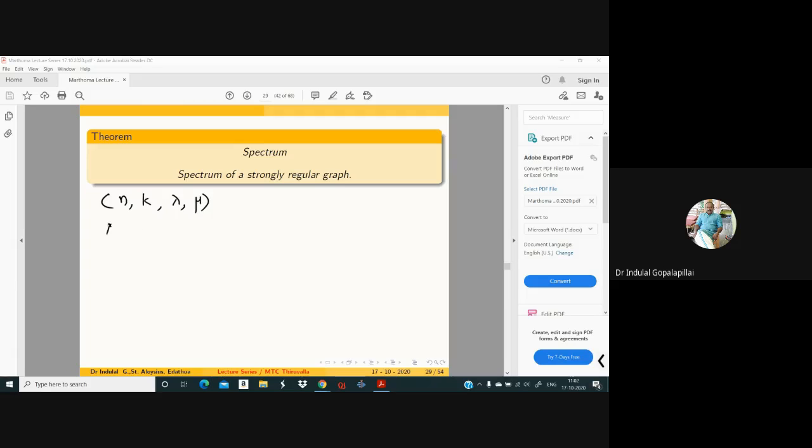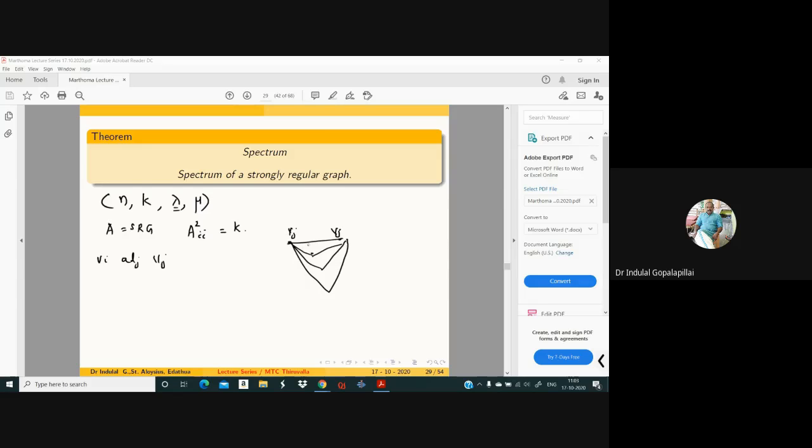Suppose A is the adjacency matrix of a strongly regular graph. We know that the ith diagonal entry of A square is the degree of the vertex Vi, and that is k. If Vi is adjacent to Vj, then by the definition of the strongly regular graph, there are lambda common neighbors.